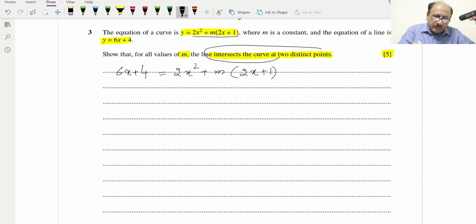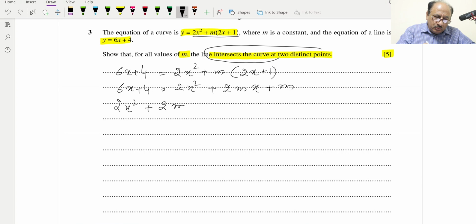We can open the bracket and simplify. This will be 6x plus 4 is equal to 2x squared plus 2mx plus m, and further we can shift everything to one side.